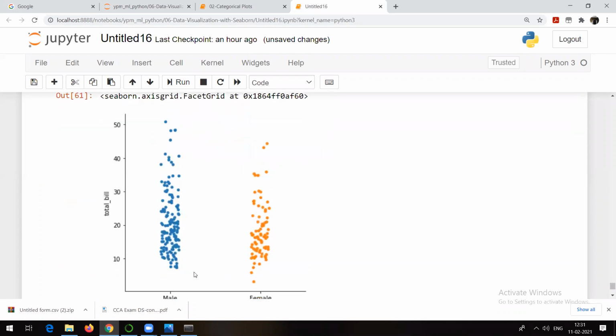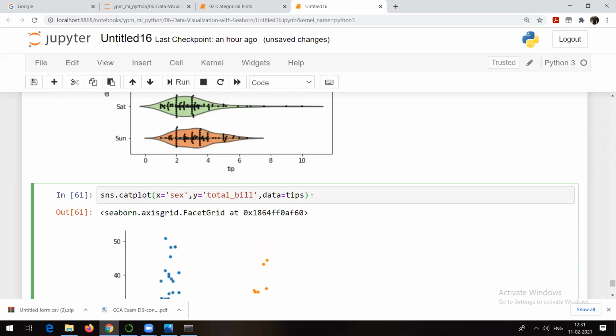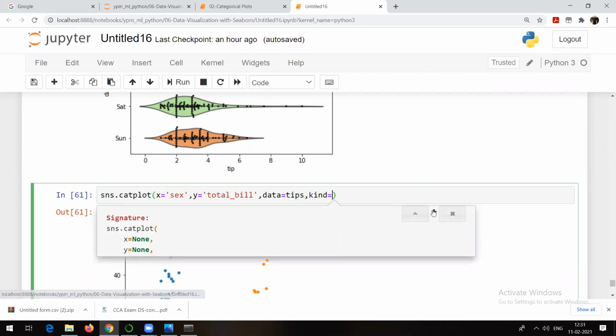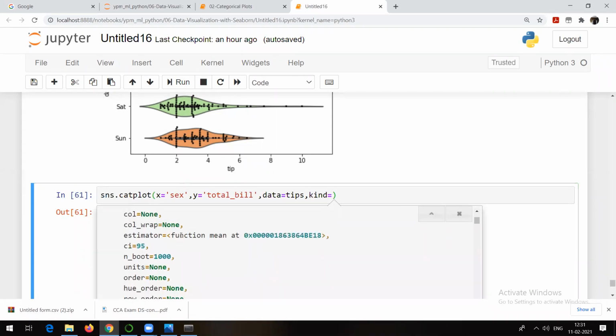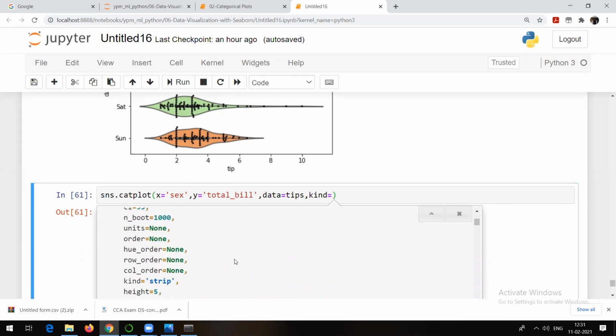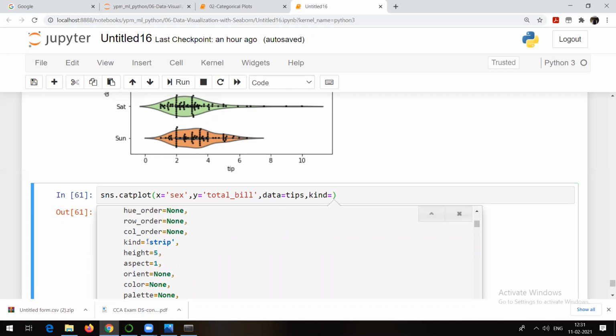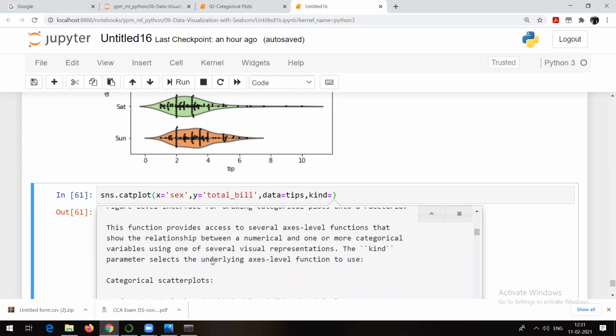By default it is a strip plot. But here I have a parameter called kind, and I can set it to whatever I want. The estimator is by default average or mean, and kind by default is strip.